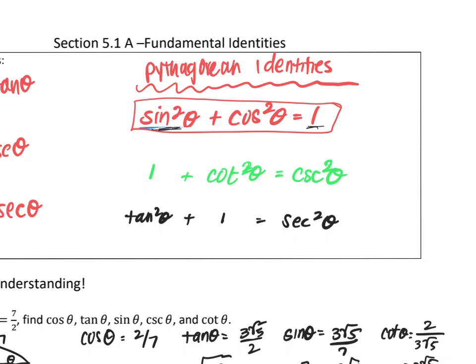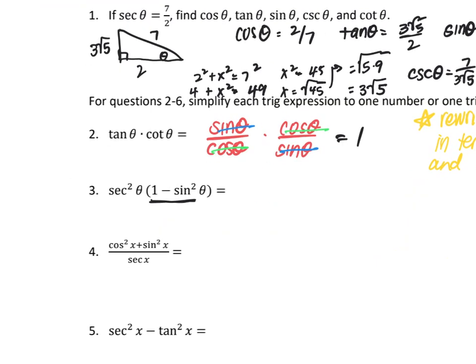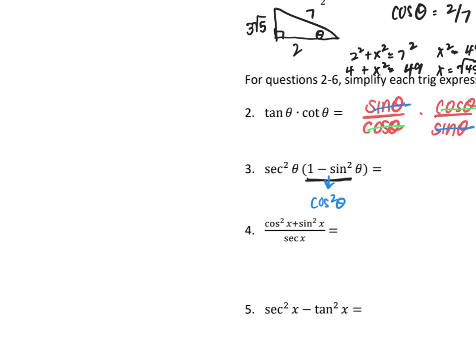So in place of 1 minus sine squared, I could write cosine squared theta. And I'm going to erase this so that we can come back to it if we need to. But we just said we can rewrite this as cosine squared theta using our Pythagorean identity. Sine squared plus cosine squared equals 1, and then I subtracted sine squared from both sides.